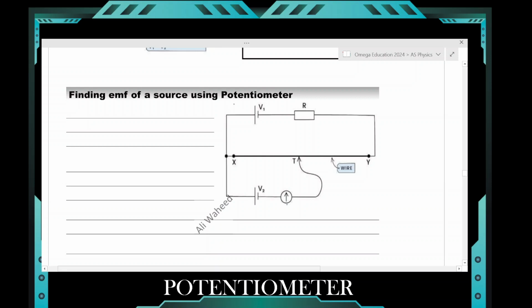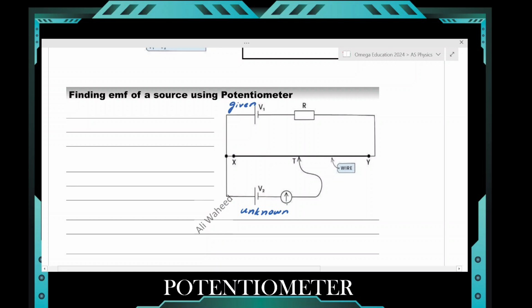For example, in this case, we have connected a battery in the upper path for which the EMF is given, let's say it is V1. And then there's a battery on the lower side, for which the EMF is unknown. Let's call it V2. The EMF of this battery is unknown and we need to find it.